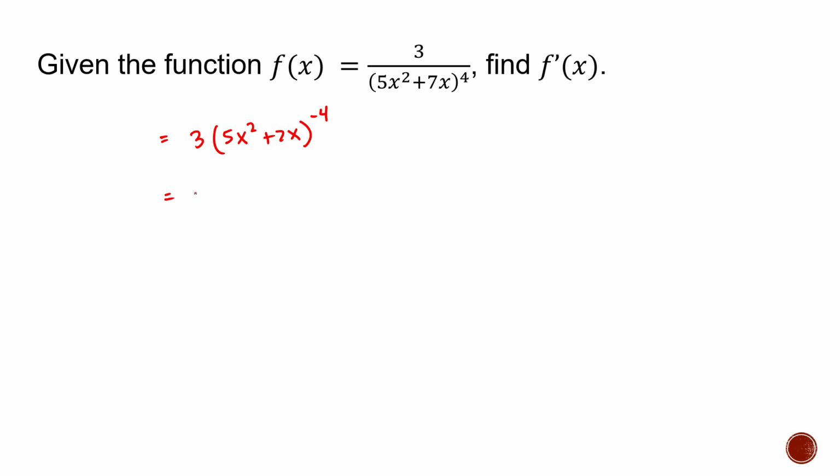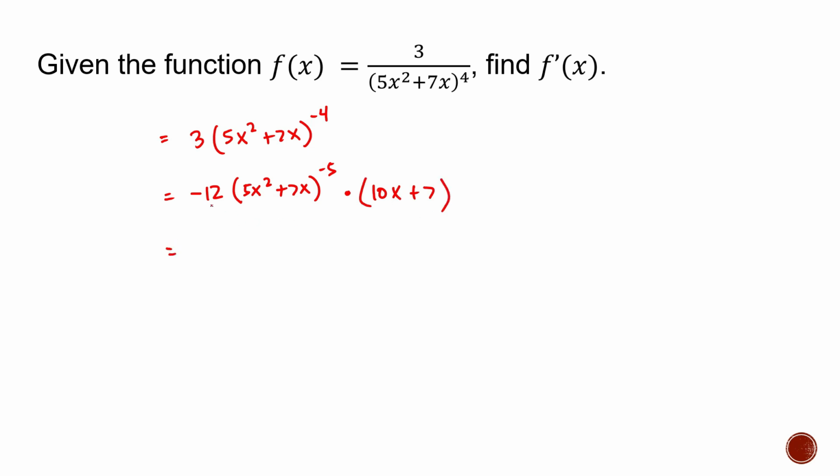So using the power rule, this will be equal to negative 12 times, again, I will just rewrite that, and then negative 4 minus 1 is negative 5. And then multiply that by the derivative of the inner. The derivative of the inner, 5x squared plus 7x, is 10x plus 7.